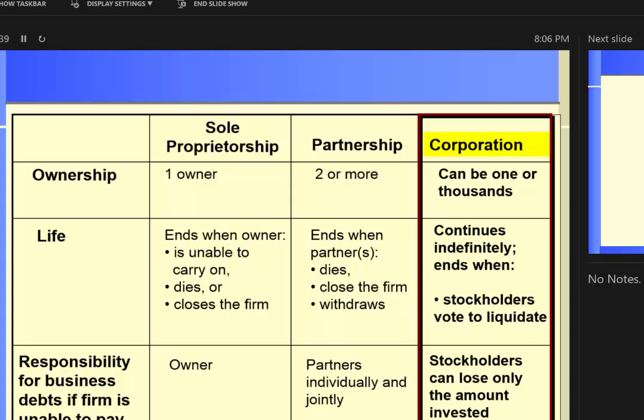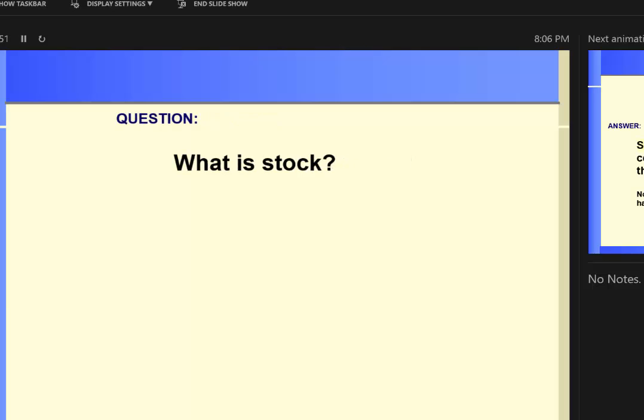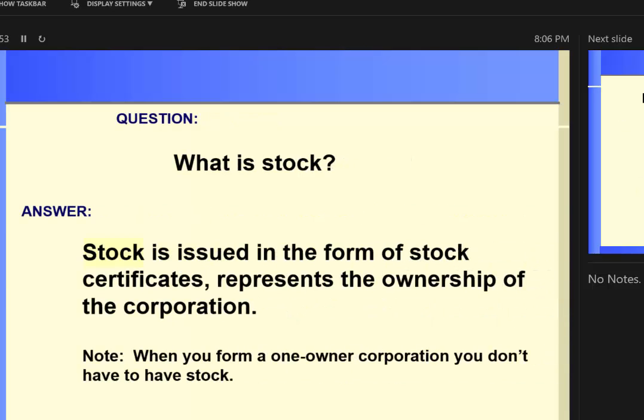This is called limited liability protection, which is a primary purpose of incorporating. Beyond that, if the corporation has lawsuits and damages against it that amount to millions, they can't go after the stockholders. What is stock? Stock is issued in the form of stock certificates and represents the ownership of the corporation.